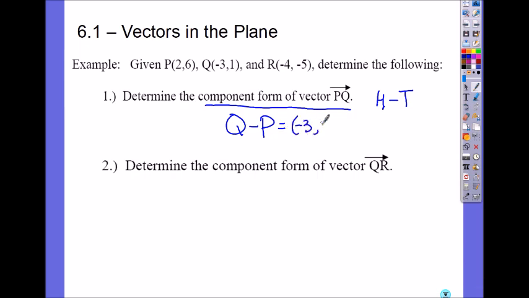Negative 3, 1 minus P, 2, 6. So now it changes to a component form. So the x component of this vector will be what? Negative 3 minus 2, which will be negative 5. 1 minus 6, which will be negative 5. That's the component form of vector PQ.